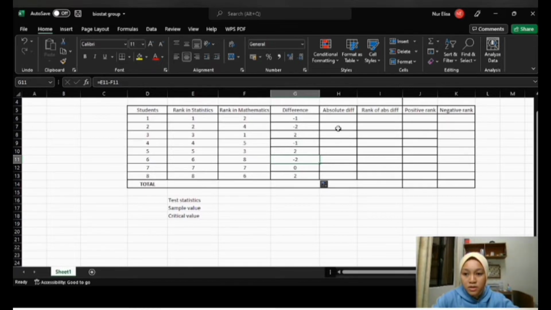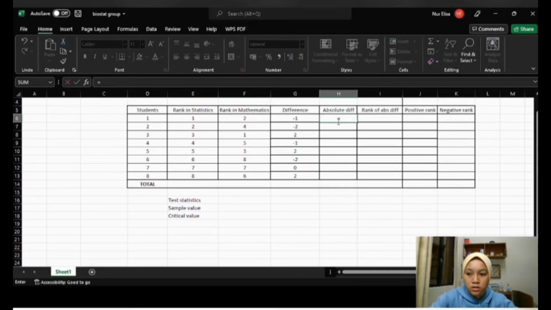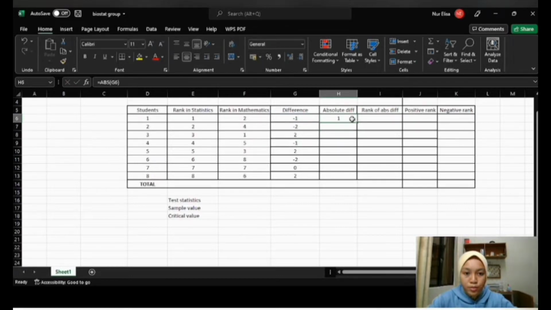And the absolute difference, equal ABS of the difference value. And I will copy the formula. And notice that there are positive values here.